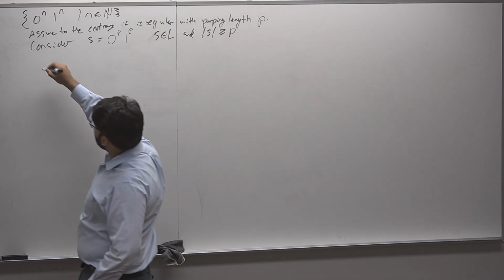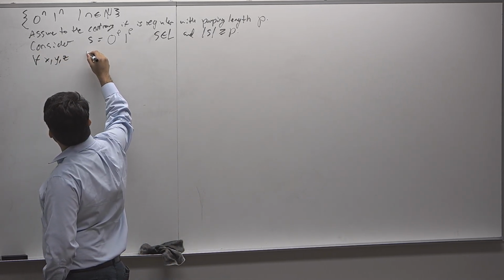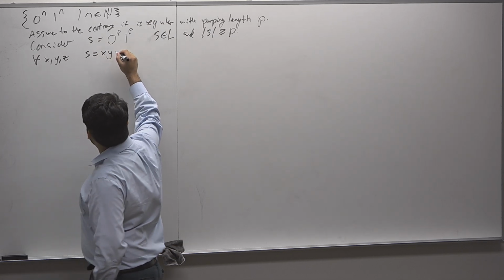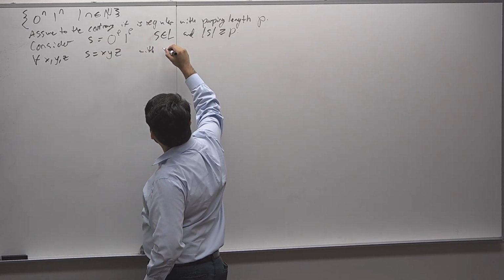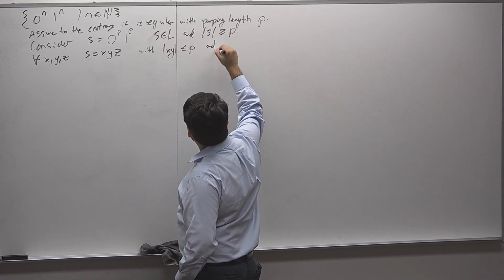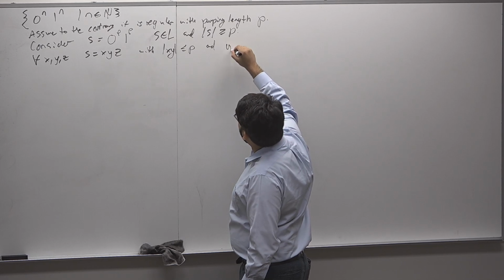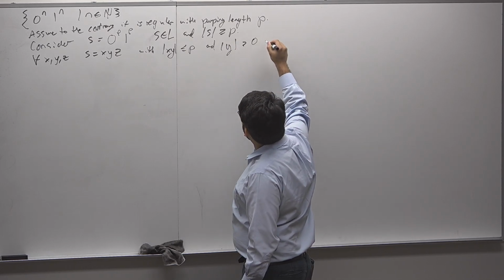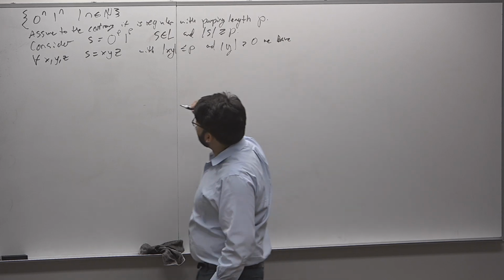For all cases, for all x, y, z, such that S is equal to x, y, z with the length of x, y less than or equal to P, and the length of y exceeds 0, we have really only one case.